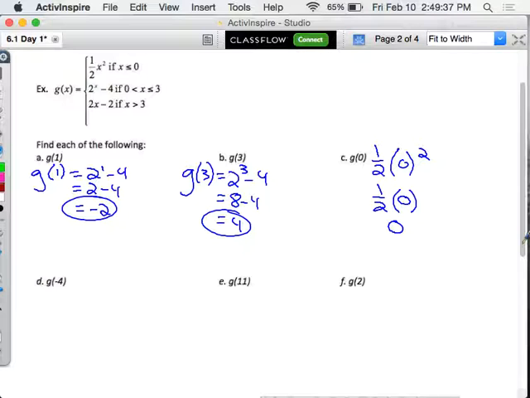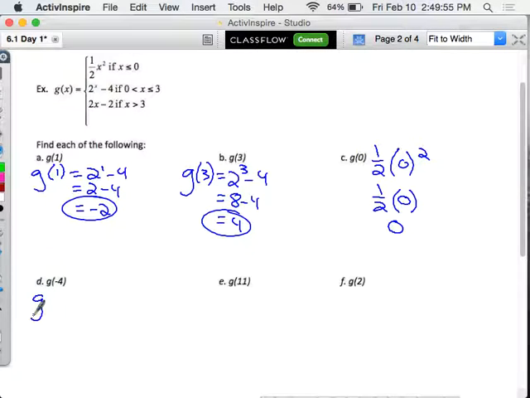G sub negative 4. Is negative 4 greater than 3? No. Is negative 4 between 0 and 3? No. Is negative 4 less than or equal to 0? Yes. So here we are plugging negative 4 into the top one.